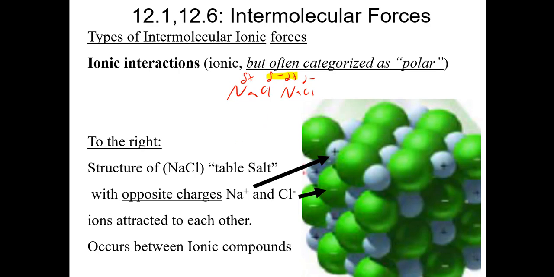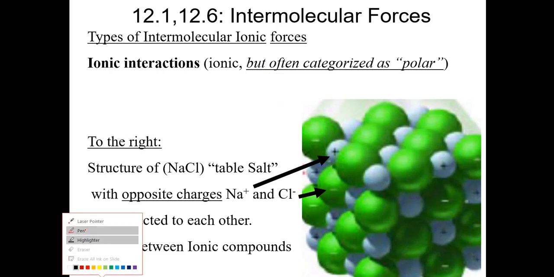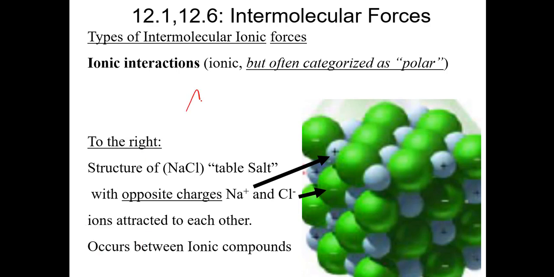Now, you know you're dealing with ionic forces if you're dealing with an ionic compound. So that one's pretty straightforward. So if you see a metal and a non-metal, then automatically it's going to be ionic forces. In addition, if you were to see any type of polyatomic ion present, such as ammonium chloride, we know that that's a polyatomic ion, then automatically it's going to be ionic.